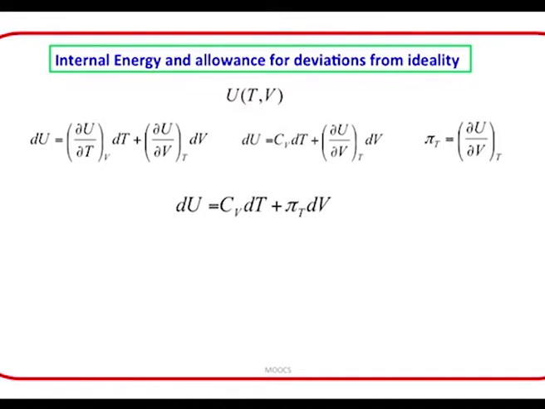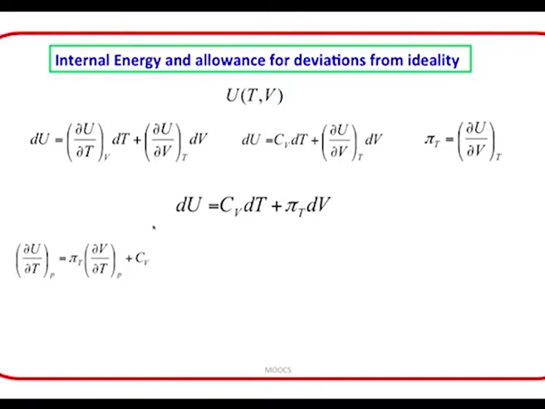If I divide both the left hand side and right hand side by dT at constant pressure, what do I get? I get (∂U/∂T) at constant pressure is equal to π_T times (∂V/∂T) at constant pressure plus Cv. I am just dividing this throughout by dT at constant pressure.